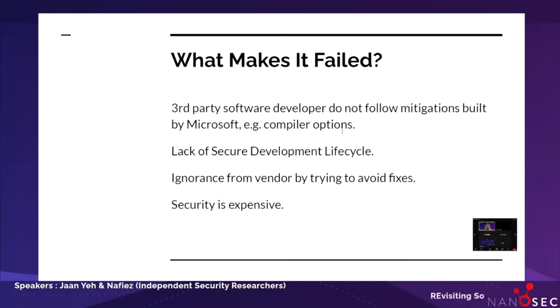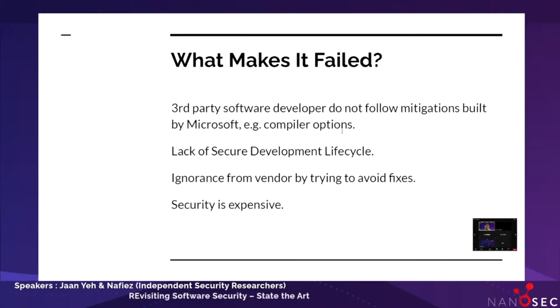So what makes it fail? In our point of view, it could be because third-party software developers or vendors do not follow mitigation techniques built by Microsoft, for example the compiler options.